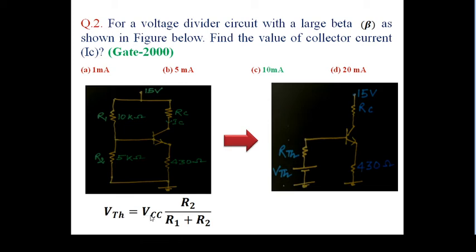So V Thevenin is VCC into R2 by R1 plus R2, and R Thevenin is R1 into R2 by R1 plus R2. Next we have to find V Thevenin and R Thevenin, because we know all the parameter values: VCC, R1 and R2 are given. So this one is the circuit.